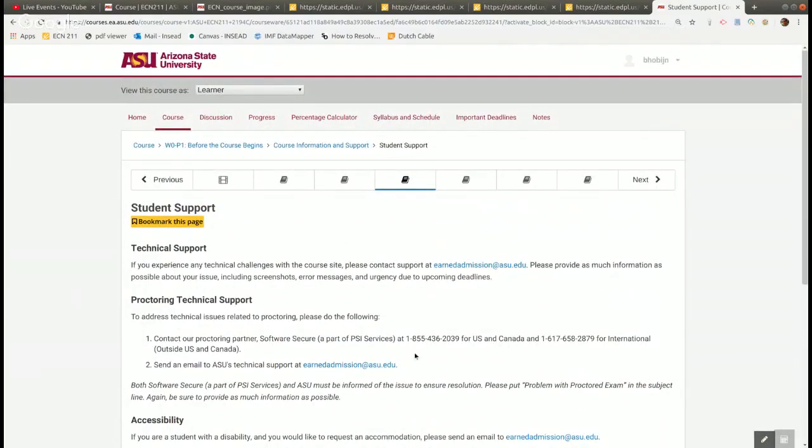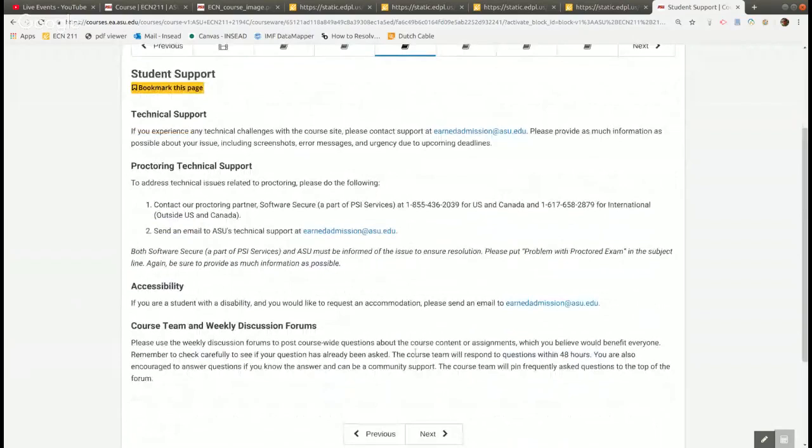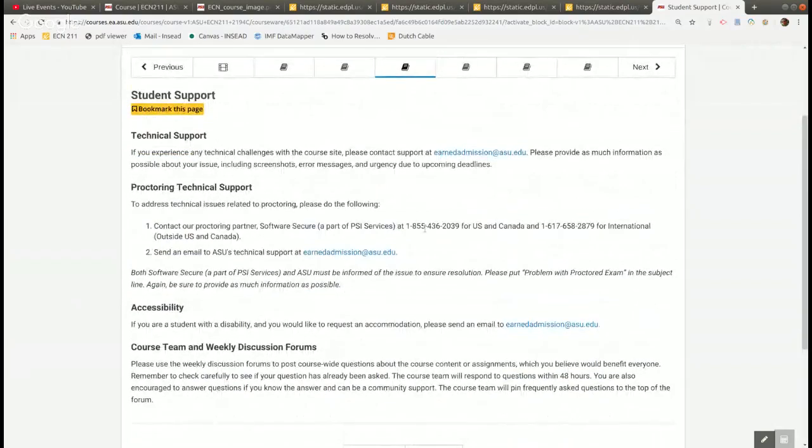In particular, if there are issues with that, there are 2 things you'd like to do: contact us at ASU at earnedadmission@asu.edu, as well as contact the proctoring service that helps us monitor the actual proctored exam. Now, the good thing, of course, is that on this midterm, you won't run into proctoring problems yet because it's not proctored.